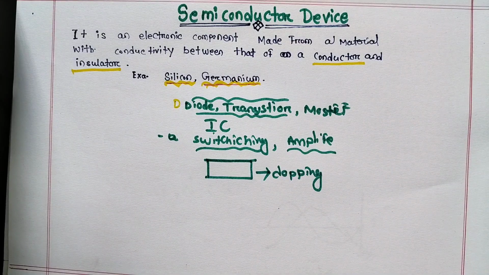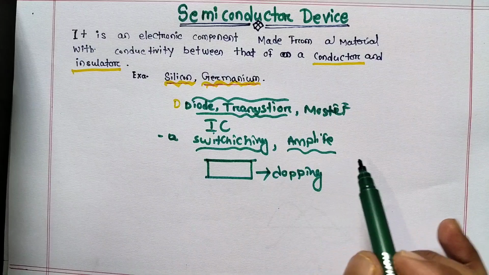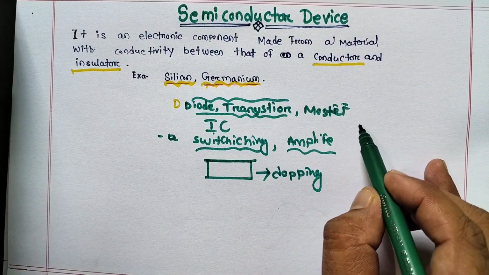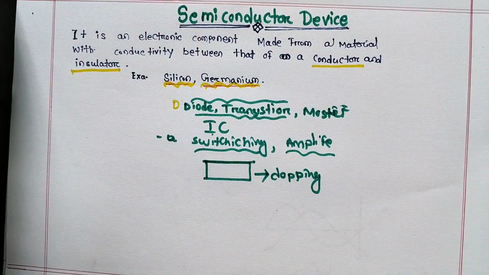In the case of a diode, we can control the direction of the current. In the case of a transistor, we can control the current by adding impurity, or by showing the path of the current.